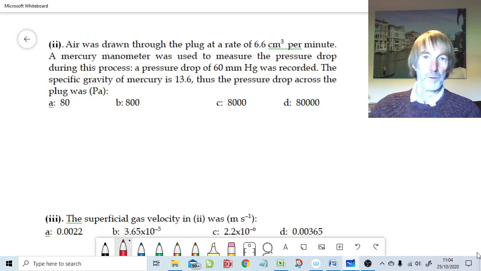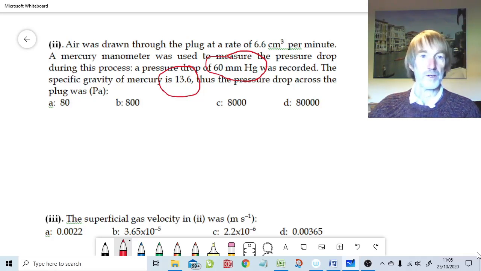Well, we don't need the 6.6 centimetres cubed per minute currently, because we're being asked to calculate a pressure drop, and for the purposes of calculating the pressure drop, what we need to know is the height of the mercury recorded on a manometer, the density, only we're being given the specific gravity, but that's the density of something divided by the density of water.